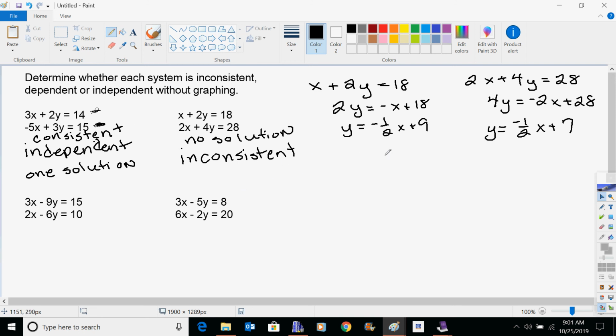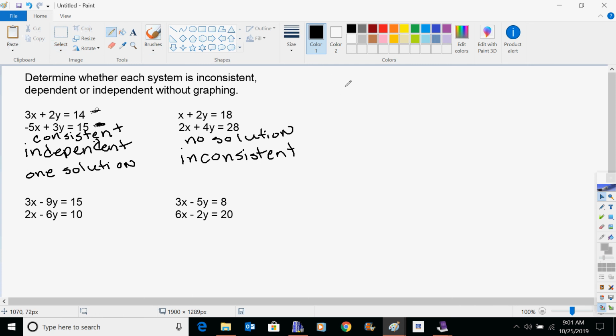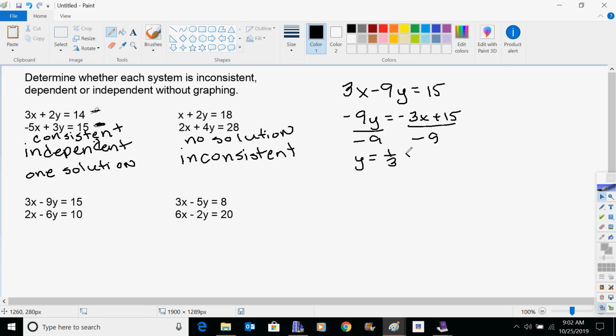but we're just going to stick with the inconsistent on that because that is really all we're being asked for with these questions. All right, let's solve this one for y equals. Solve this one, and we will wrap this thing up. Get rid of that. So y is 1/3.